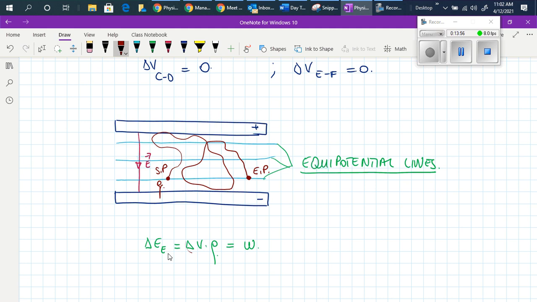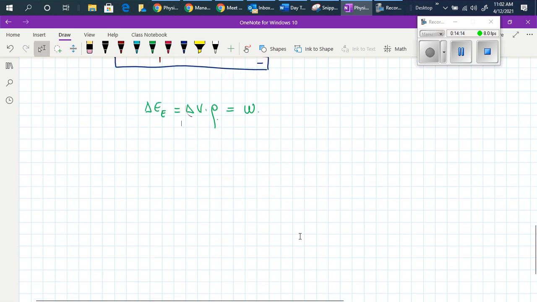So it is independent of the path that the charge takes, as long as it ends up at the same equipotential line, which is a line that is parallel to the plates.